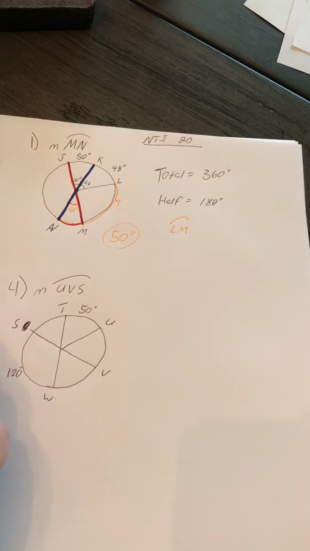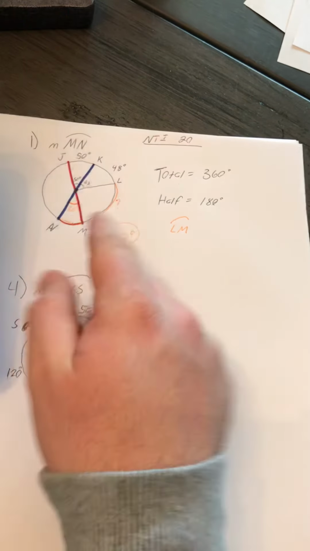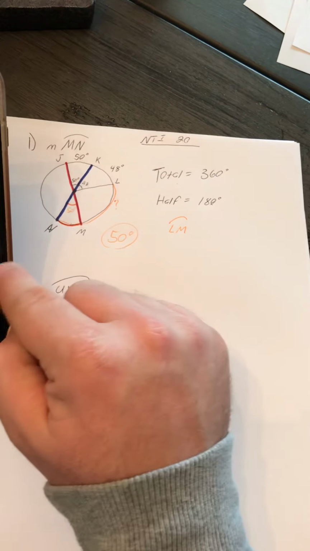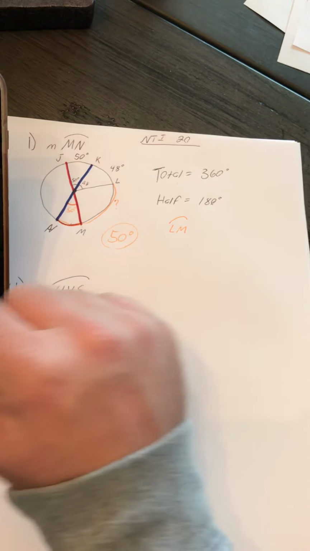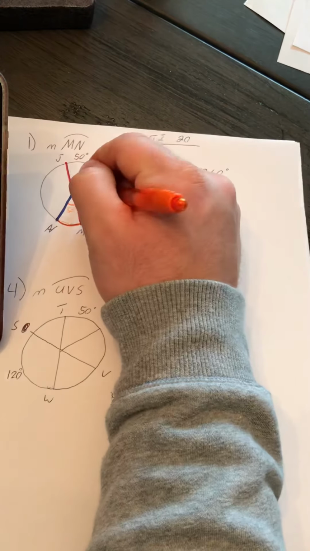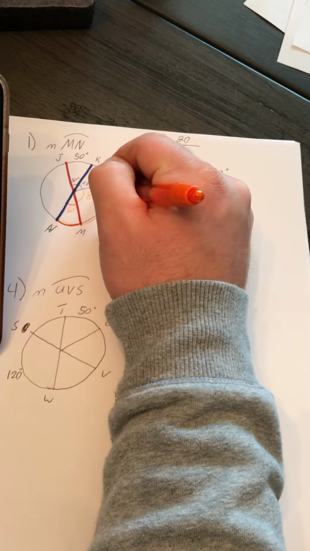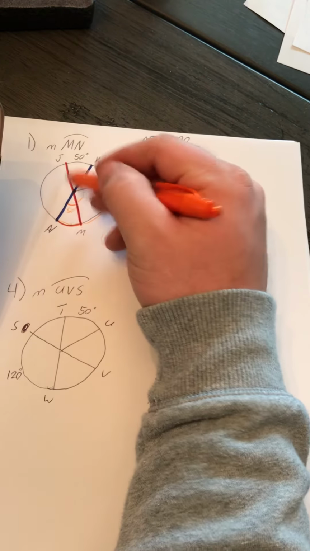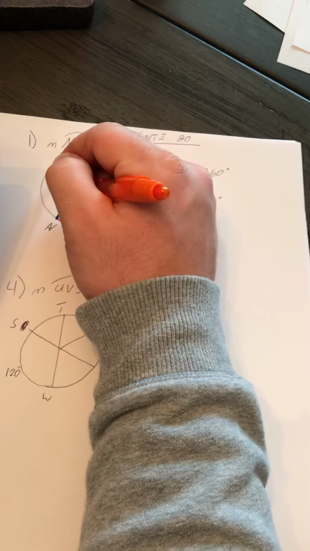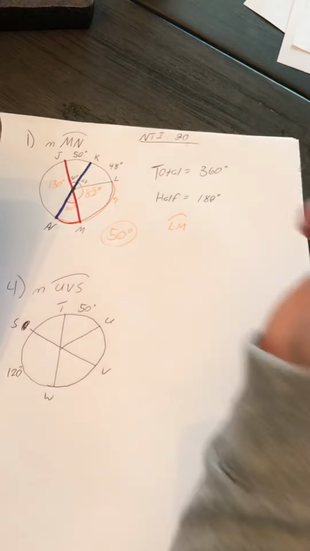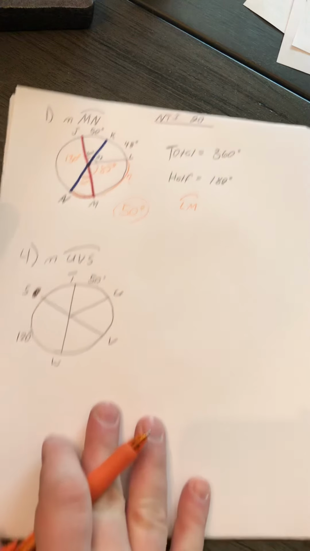I would just take 180 minus 50 minus 48, and it gives me 82 degrees. I could do the same thing over here: 180 minus 50, so this one has to be 130 degrees. And all those would add to 360. All right, let's try the next one.